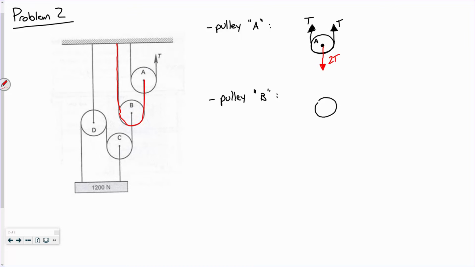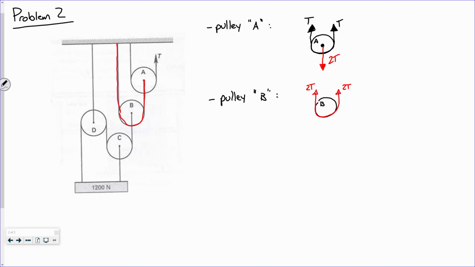That's that rope. What is the tension in that rope? 2T. So that rope goes something about like that, and there's 2T here, 2T there. Same tension. So this is pulley B.